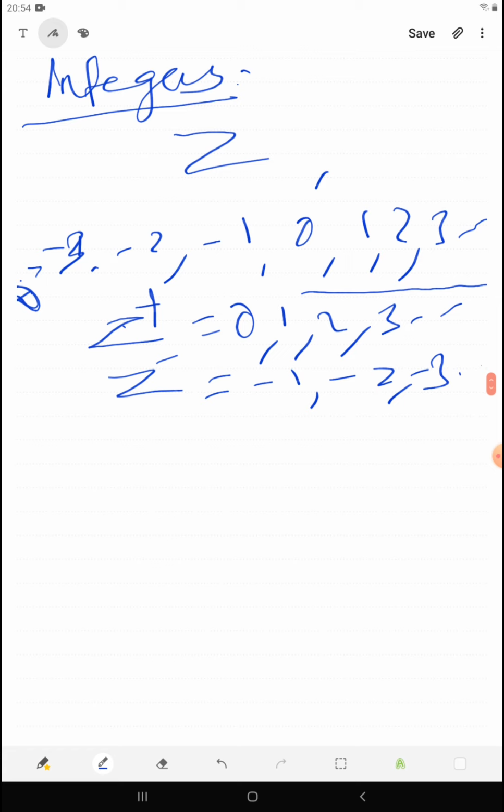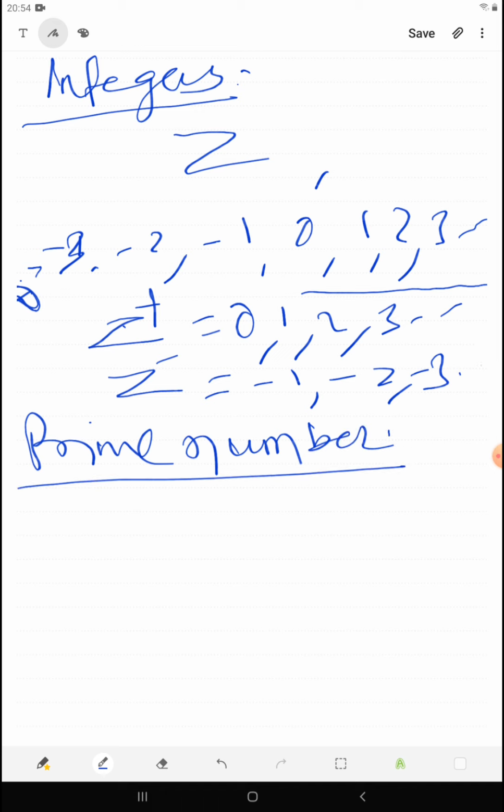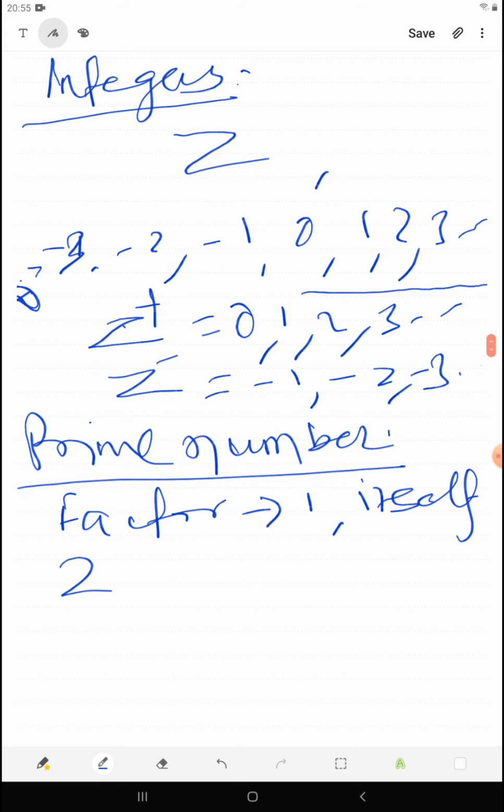Let's move on. Next topic is prime numbers. What is a prime number? Prime numbers are numbers which have the factors 1 and itself only. Remember, like 2, 3, 5, 7, 11, 13, 17.